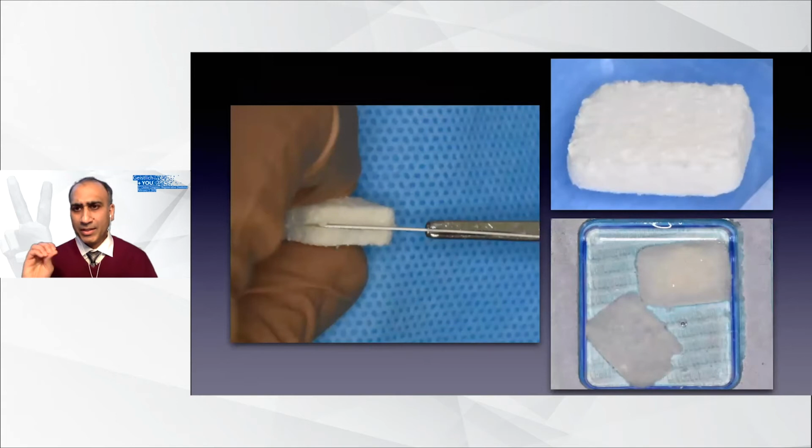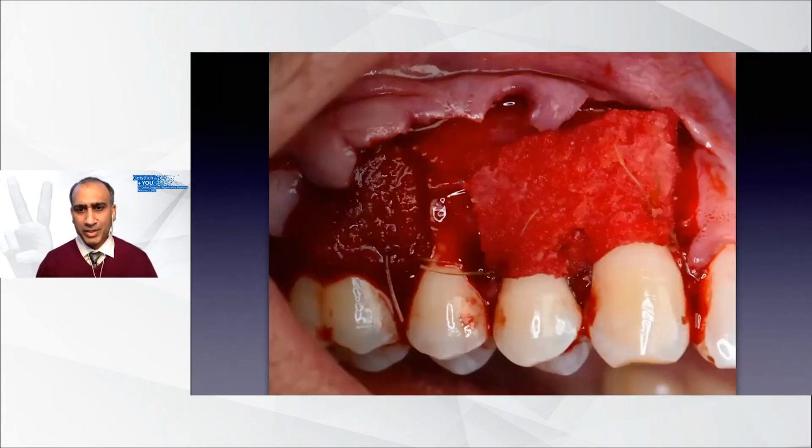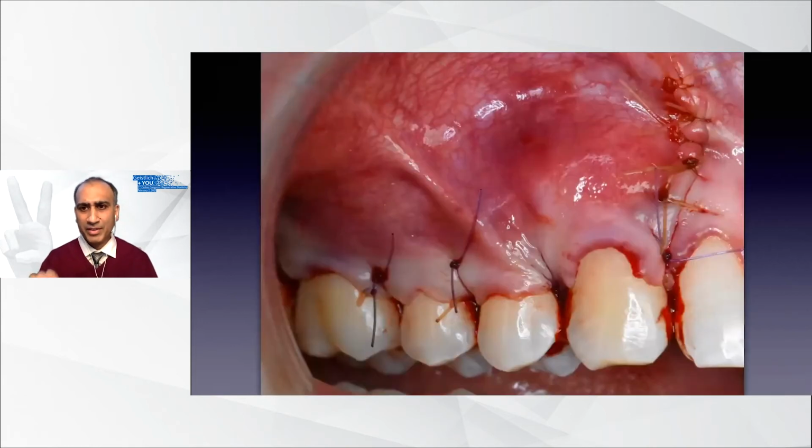This time though, I took the Fibro-Gide and I reduced the thickness in half to 3 millimeters, and I created 2 pieces of Fibro-Gide. At 3 millimeters dry, it works out to about 4 millimeters hydrated. So after hydration, I placed the matrix in place, and this time I secured it around the necks of the teeth to completely cover up the recession defects and used chromic gut sutures before coronally advancing the flap in a tension-free manner.